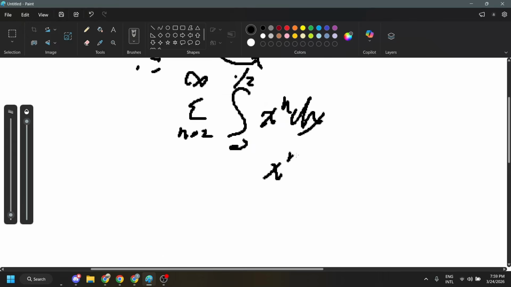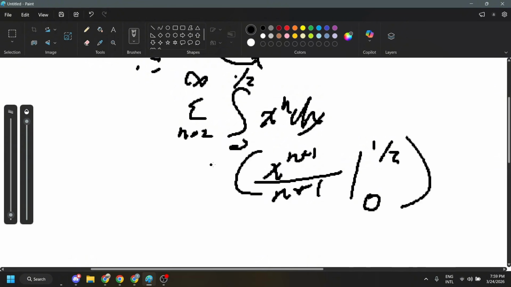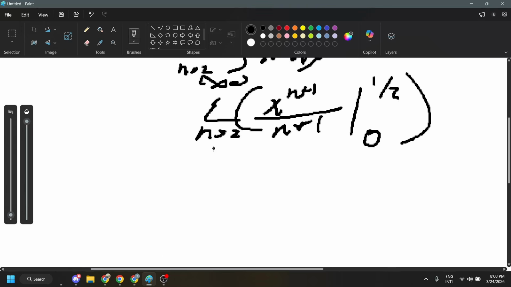So this thing, if we just treat n as general, it's x to the n plus 1 over n plus 1 from 0 to 1/2, then we take the sum of that from n equals 2 to infinity. Okay, is this correct? If you have x squared, you get x cubed, yeah, of course it's correct.